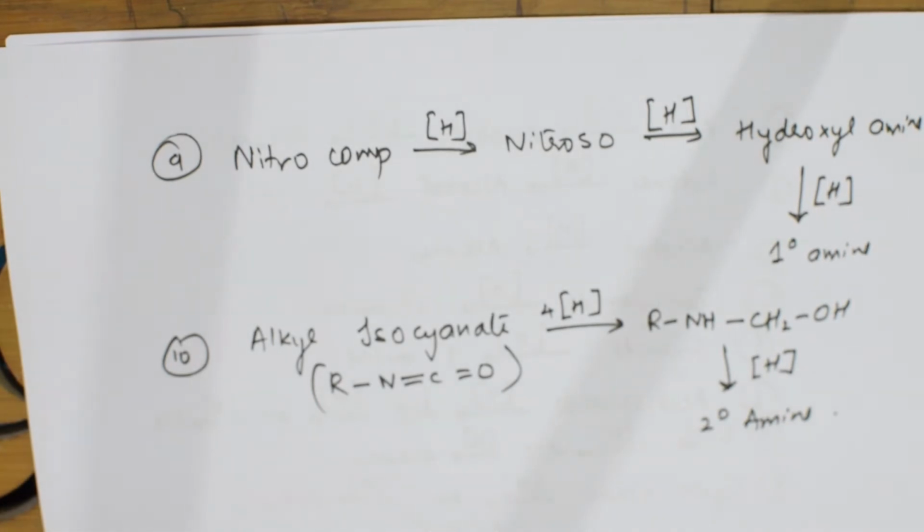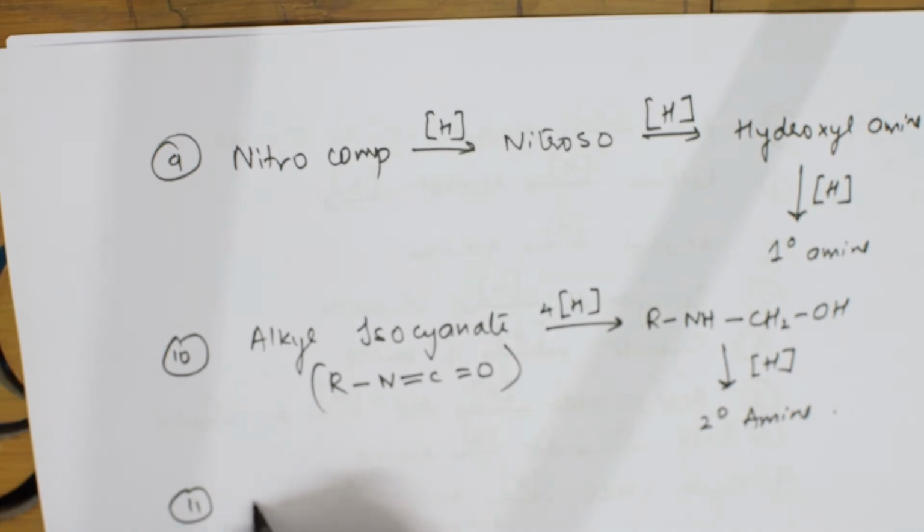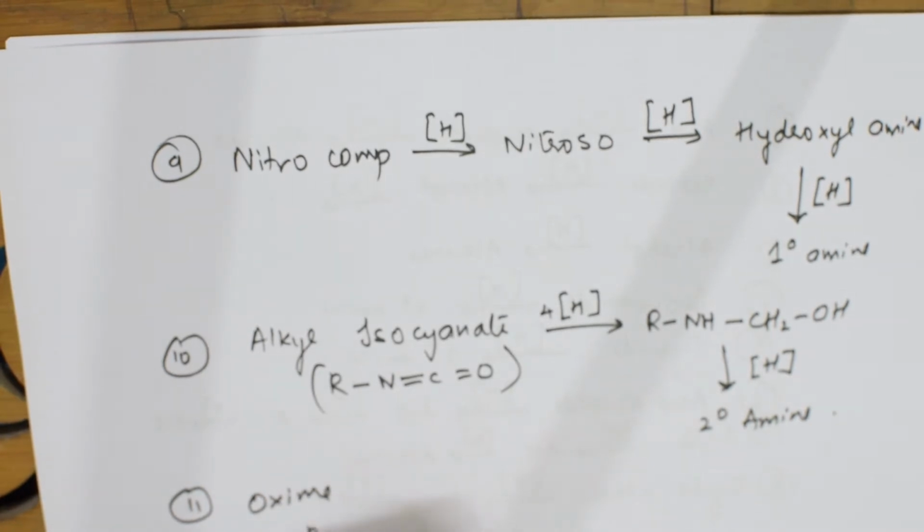Suppose they give me an oxime. What is an oxime? Basically, taking a general example, R2C double bond NOH. This is an oxime. If I perform the reduction process on this oxime, where will the hydrogen add? It will break the double bond here, okay? So here there is a double bond, here also there is cleavage of the bond and attachment.